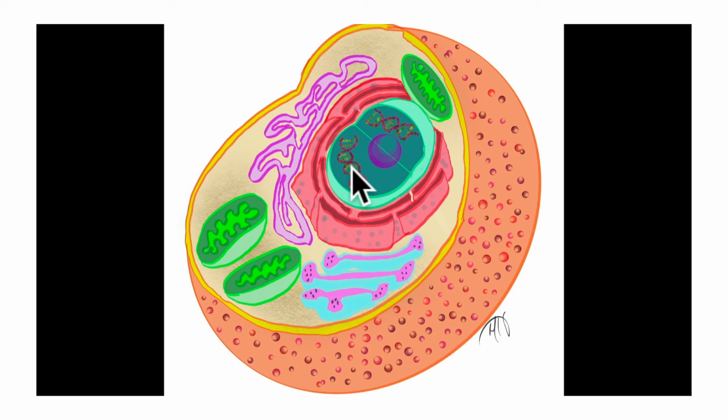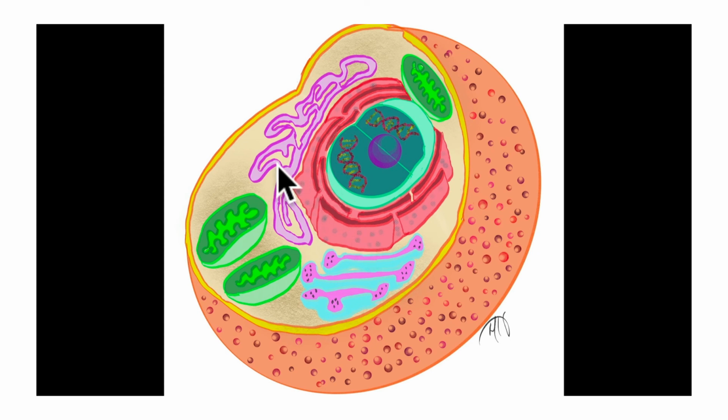So proteins are produced by ribosomes, which we see peppered right here, and they are on top of the endoplasmic reticulum. Endoplasmic reticulum with ribosomes attached to the outer membrane is known as the rough endoplasmic reticulum.